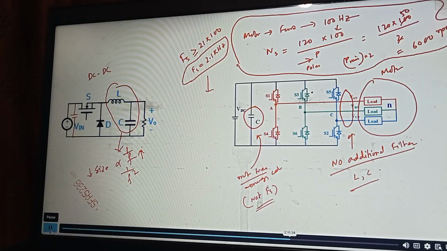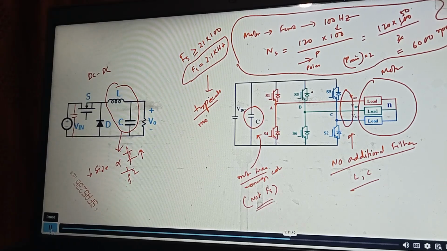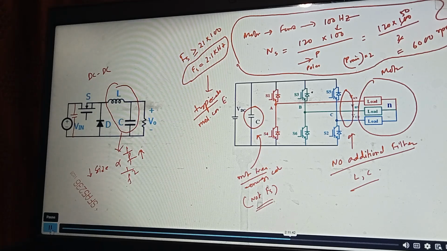So typically, you see that the motor controllers in EVs have switching frequency in the range of 10, 20 kilohertz or something like that, not much higher, typically.